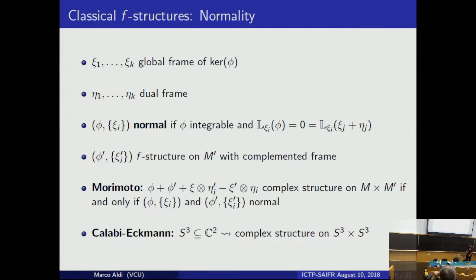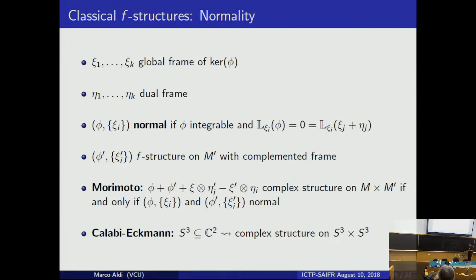And then they take two copies of S3. So they have now a base that is S2 cross S2. So here you have S3 cross S3. And the fiber now is, of course, S1 cross S1.